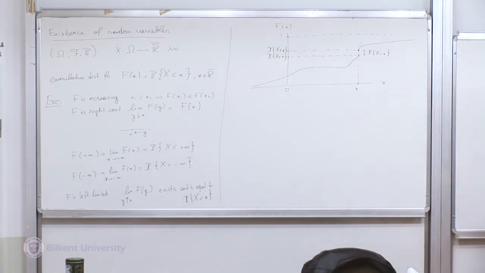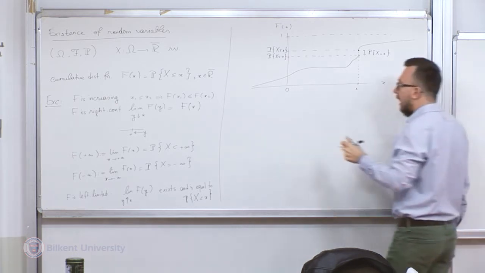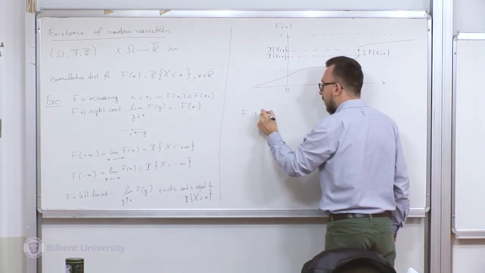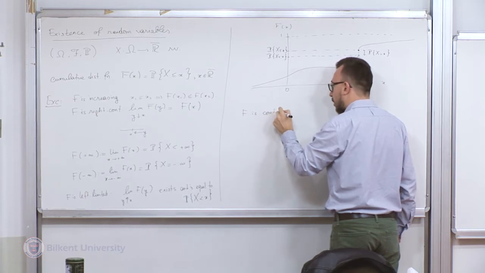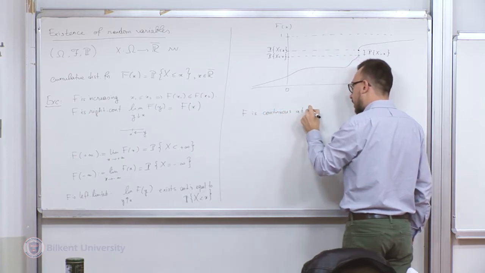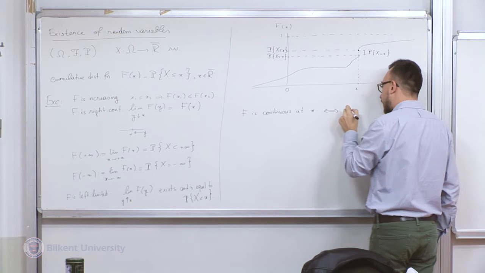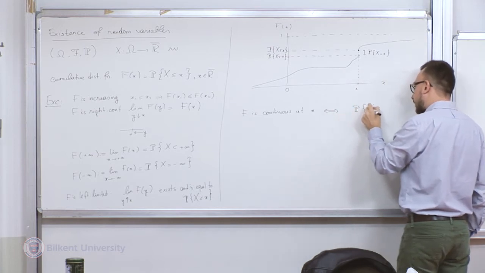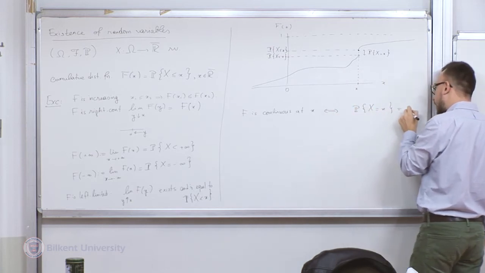Therefore, the gap, the size of the jump, gives you the exact probability that it takes this certain value, little x. So we can say F is continuous at x if and only if the probability that X takes this fixed value is 0.